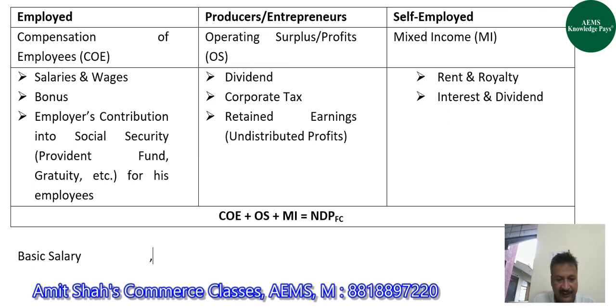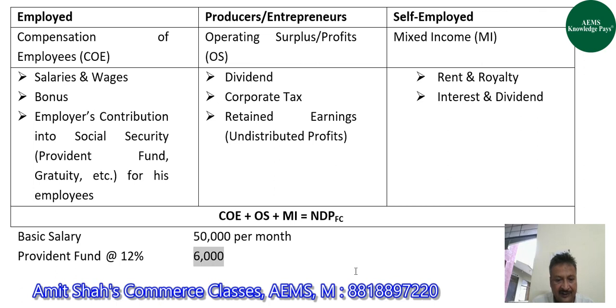Let's say basic salary of an employee is rupees 50,000 a month, right? In India, there is a rule of provident fund at the rate of 12% of basic salary, which is 6,000 rupees per month.